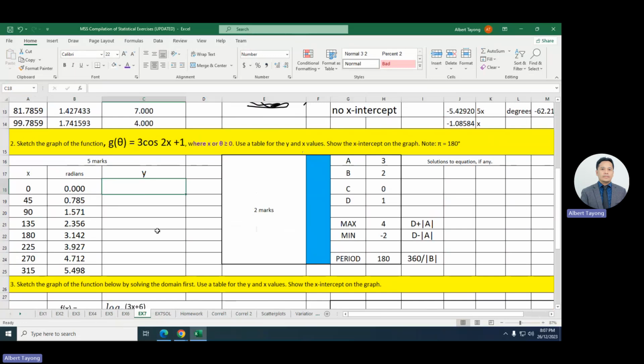G theta equals 3 multiply cosine 2 multiply what? Close, plus what? Plus 1. Just follow this. 3 multiply. You don't care whether it is sine or cosine. It's the same procedure. Okay. What's the answer?